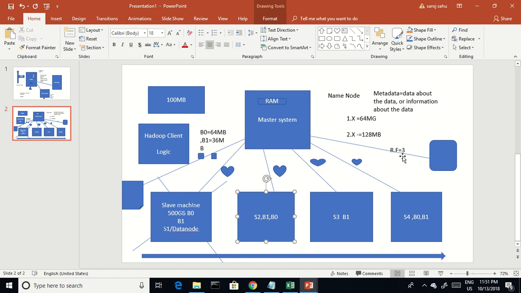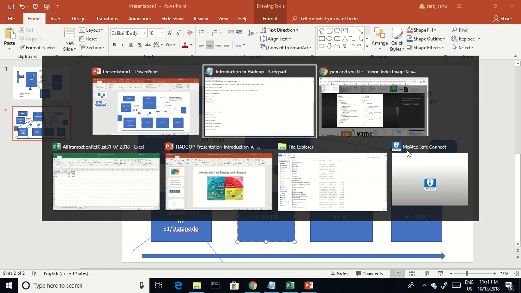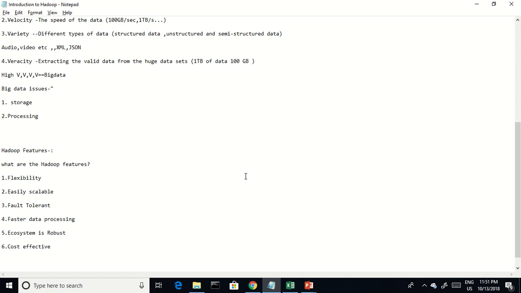Data is replicated across multiple machines, so the same block has multiple copies. If the replication factor is 3, I have 3 copies of one block. If the replication factor is 5, I have 5 copies of the same block across the cluster. So it is a very, very fault tolerant system. Fault tolerance is very, very high.